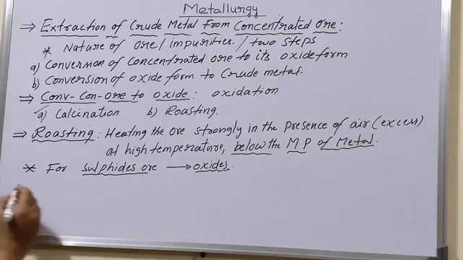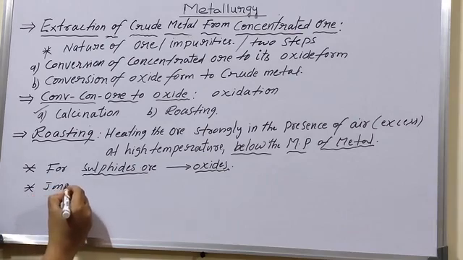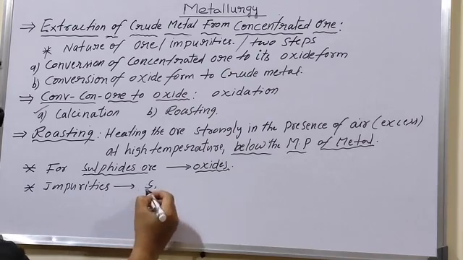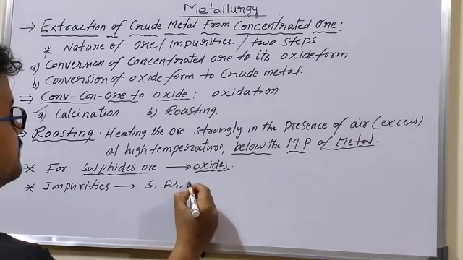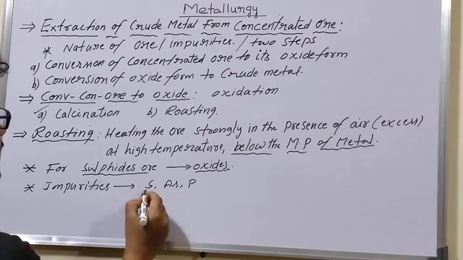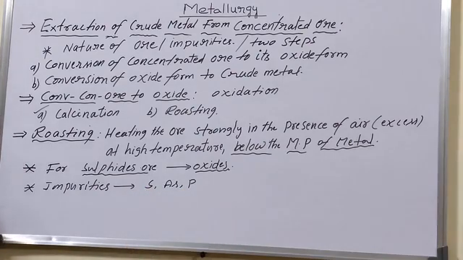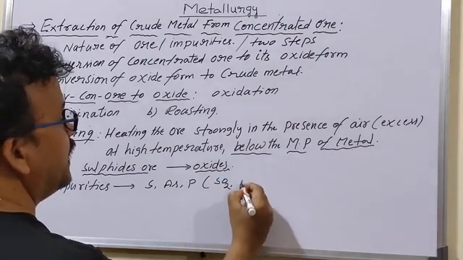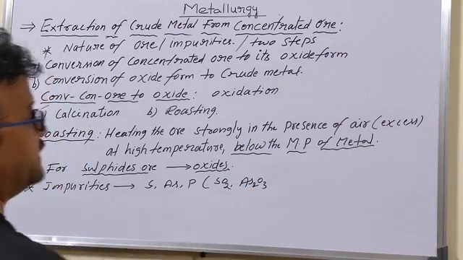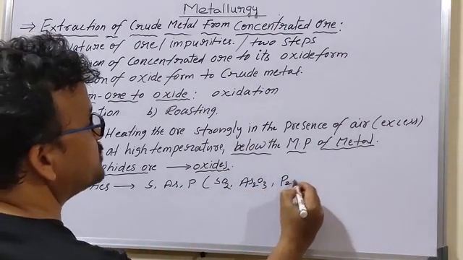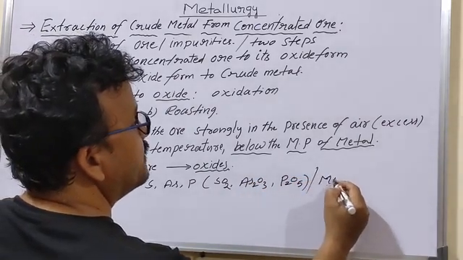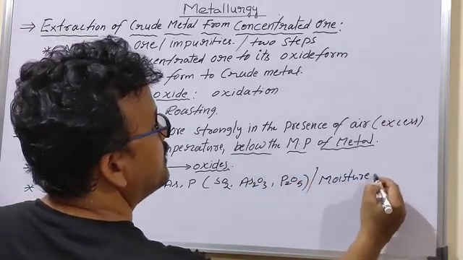And the impurities are removed, such as sulfur, arsenic, phosphorus in the form of their oxides. Sulfur in the form of sulfur dioxide, arsenic in the form of arsenic trioxide, phosphorus in the form of phosphorus pentoxide. Like this, these are removed. If moisture is there, that moisture is also removed.